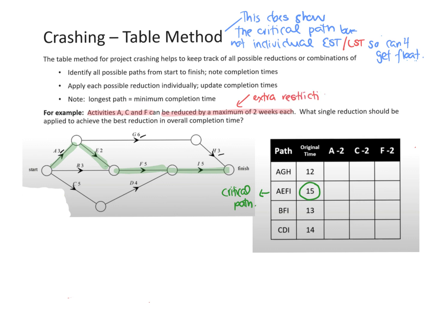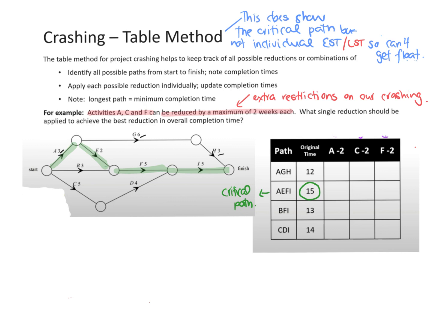We now can't just crash anything we like; we can only crash what they said. They said you can crash A, C, and F by 2. So you can see I'm putting down what each can be crashed by. A can be crashed by 2, C can have 2 taken away, and F can have 2 taken away.